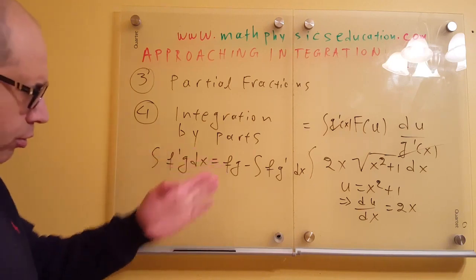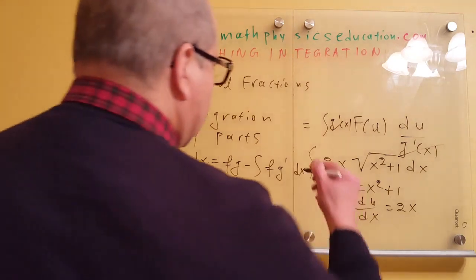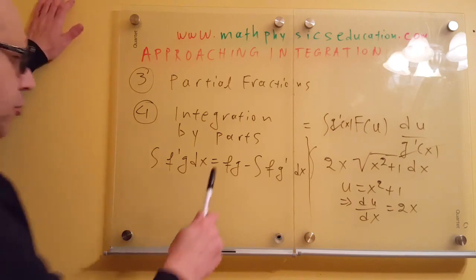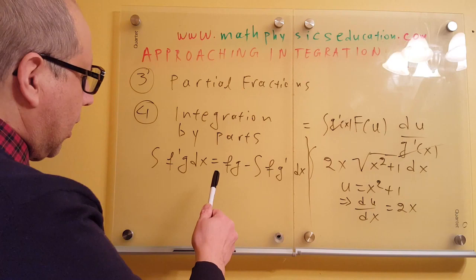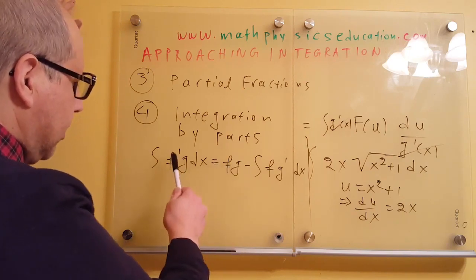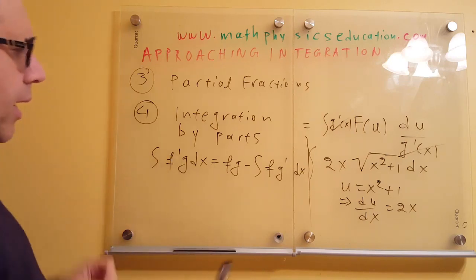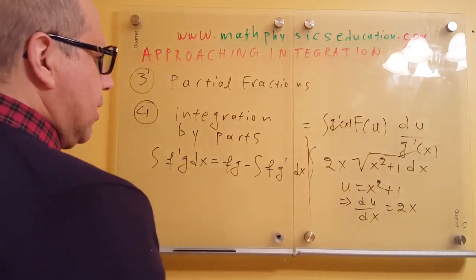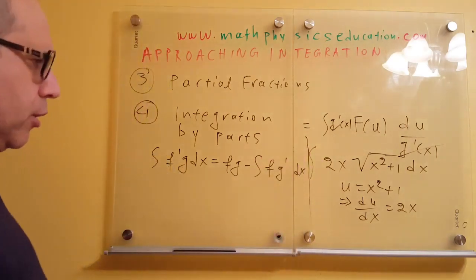So now if you look at the formula, calculating this here is not a problem, as long as you can find the integral of f prime. The main thing is whether you will be able to calculate this integral here.